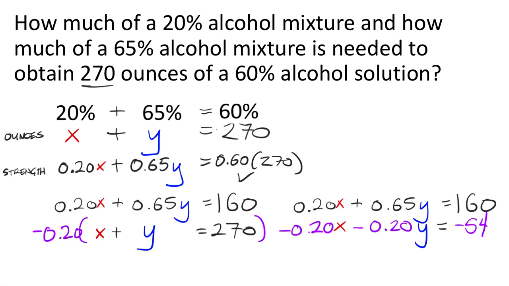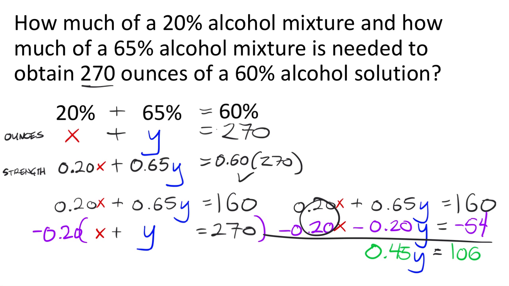And with this much, I can now eliminate the x's because they're going to zero out. Then, for my y's, I've got 0.65 minus 0.2, which is going to be 0.45, and that's going to equal 162 minus 54, which is 108.